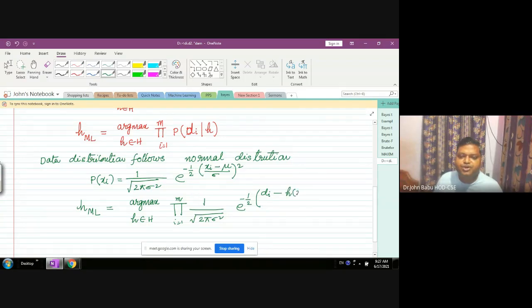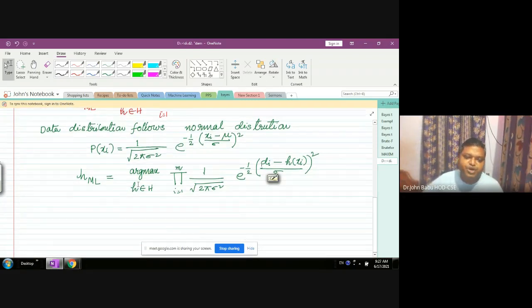The hypothesis of xi, by sigma, whole square. Now, in mathematics, whenever we want to maximize a function, we can take logarithms also. When we take the logarithm of a into b, it is the logarithm of a plus b. So when we take the logarithm of the product, it becomes the sum. So we are trying to maximize this value, which is the same as maximizing the logarithm.